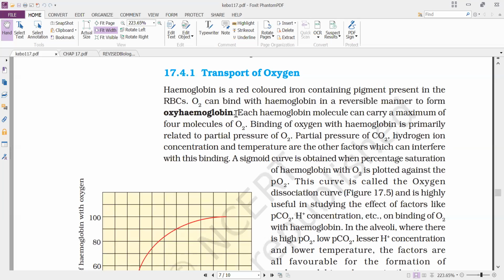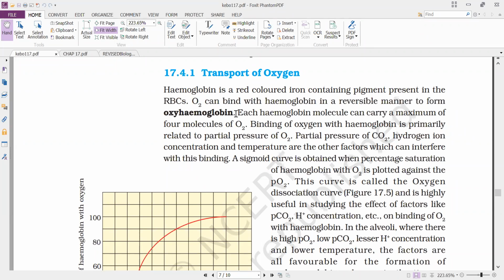If the partial pressure of oxygen is more, the hemoglobin readily binds with oxygen. If the partial pressure of carbon dioxide is more, the hemoglobin readily binds with carbon dioxide. That's why the binding of oxygen with hemoglobin is a reversible process. It is not an irreversible process.